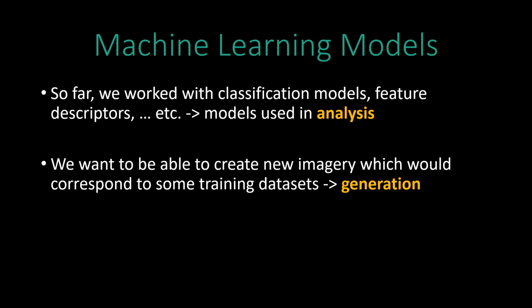So today we will talk about the other task, sort of trying to create new images or new imagery, which corresponds to some training dataset. So basically mimic the image or like the shapes and the images and the data that is somewhere in the dataset with our own models. And this is a task called generation.